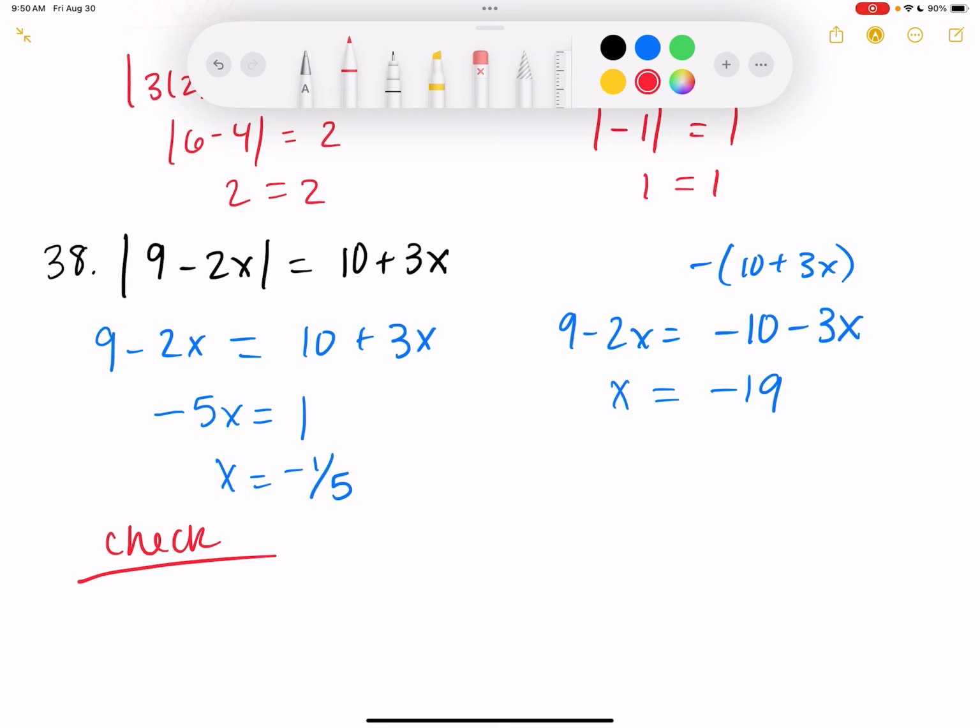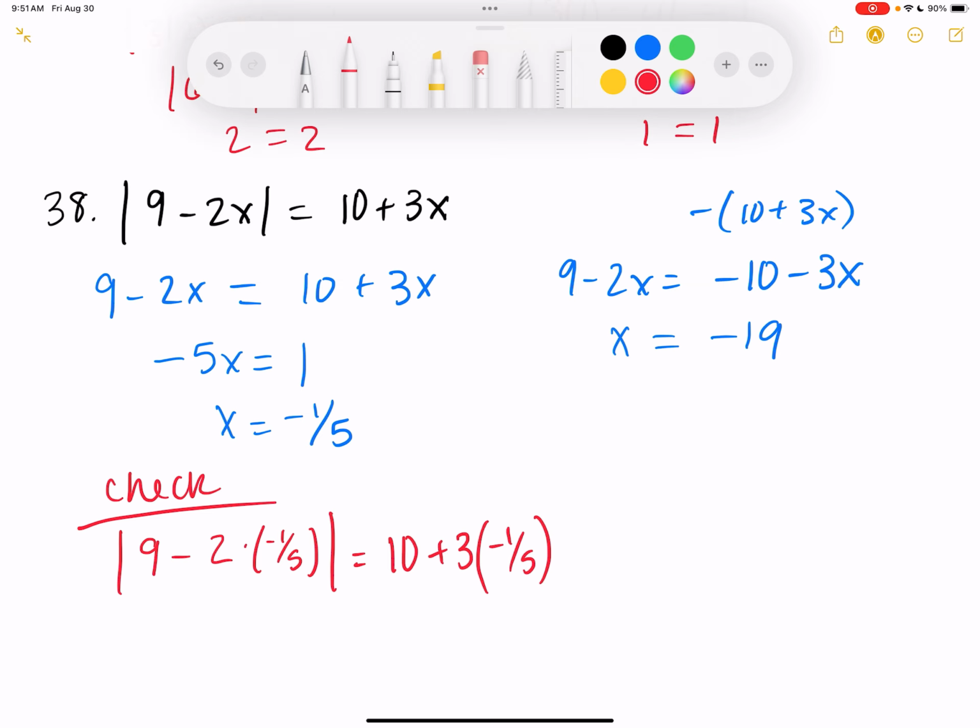plugging in negative 1/5 first, I get the absolute value of 9 minus 2 times negative 1/5 equals 10 plus 3 times negative 1/5. I'm going to make this 9 as 45 over 5 so that I have a common denominator.